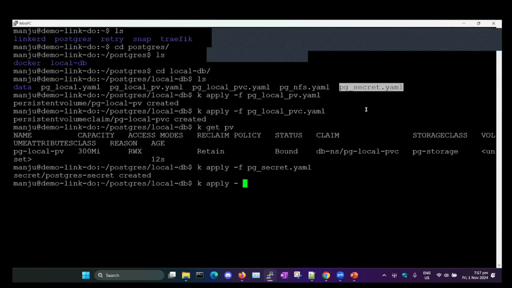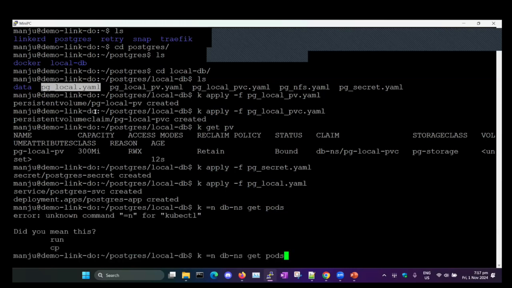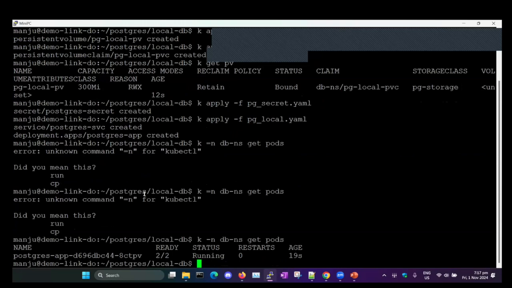And then finally, I apply my actual database. So you have this already.